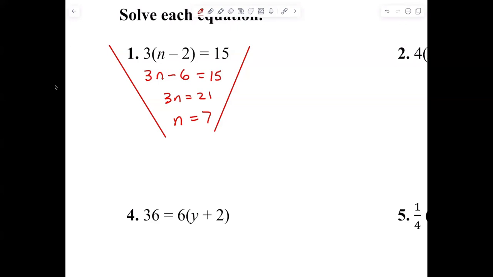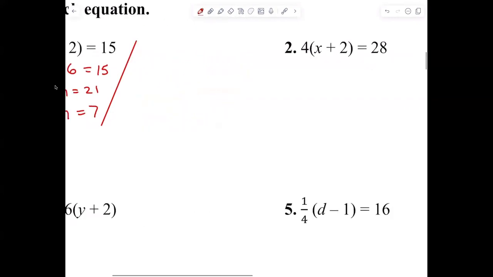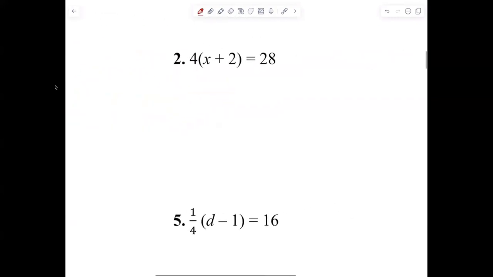All right, so just to show you what I mean for number 2. Step number 2 is what? 4x plus 8 equals 28. And now what do I do to both sides? Minus 8. 4x equals 20.